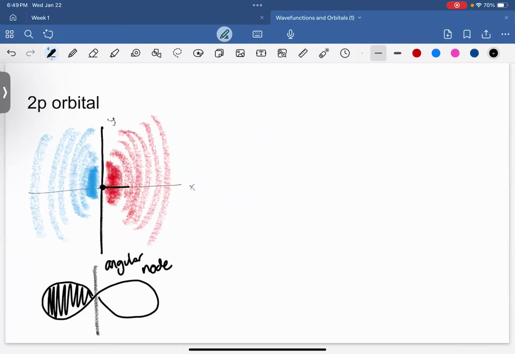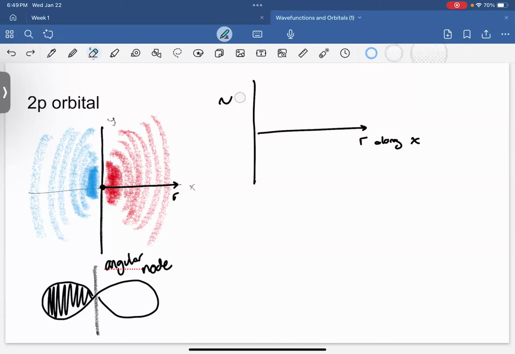So if I were to do the same thing and graph psi 2p versus r along x, I would see psi 2p start large and then gradually, oh, actually, I'm lying. What I would see is psi 2p, and actually I'm going to draw it a little differently. Sorry. So I'm going to draw both sides.